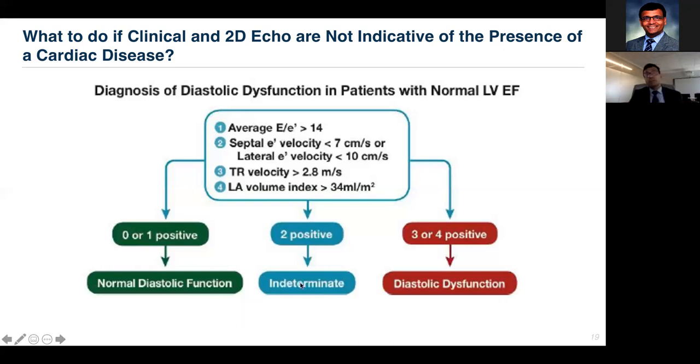You may want to do an exercise stress test to see if some of these measurable parameters start becoming abnormal. More frequently, we also ask for an agitated saline study to get some faint estimation of the TR velocity, particularly if you're going to do an exercise stress test.